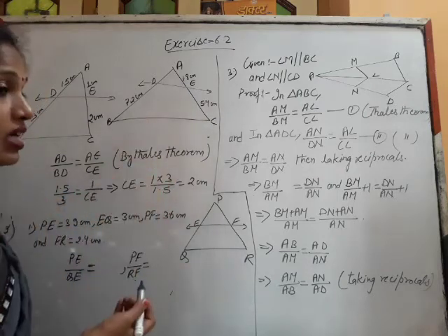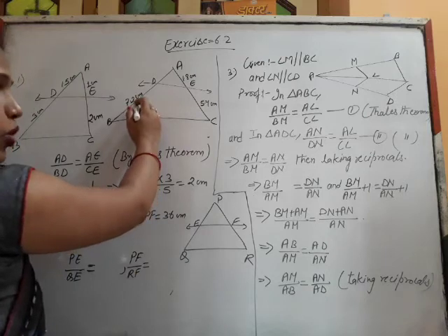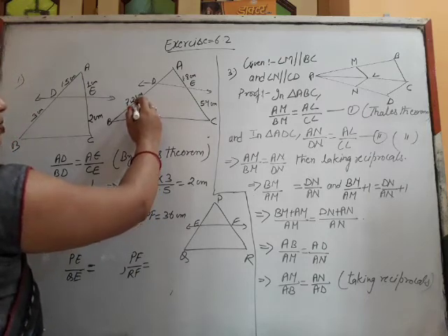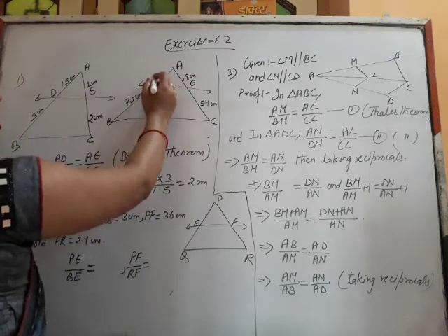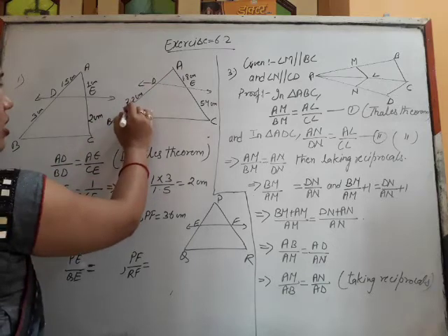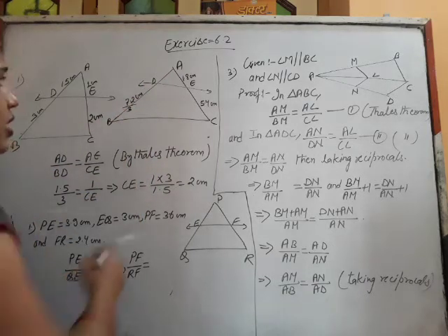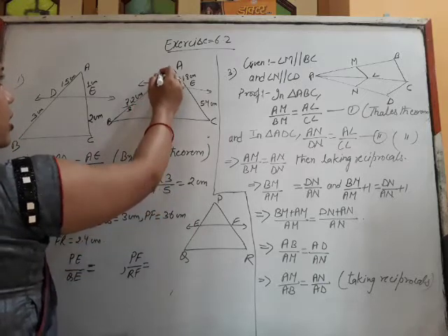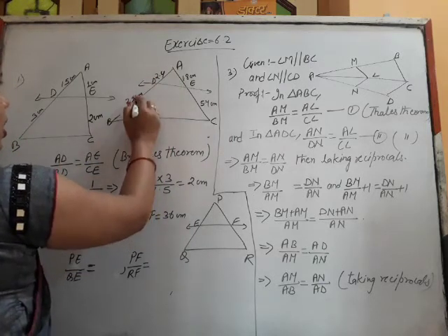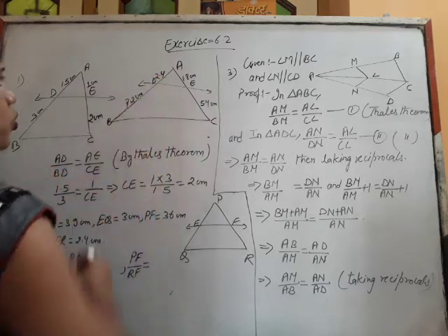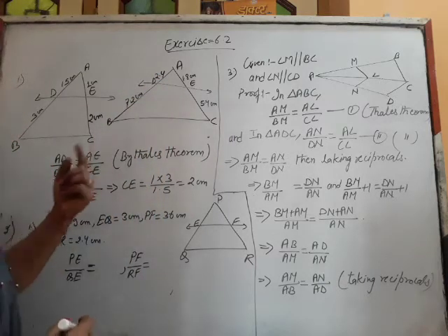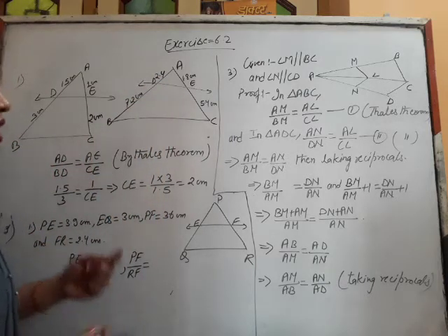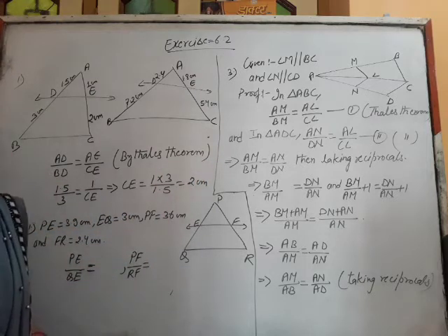Similarly, what will be multiplied by 3 to get 7.2? We have to divide 7.2 by 3. 3 twos are 6 and 3 fours are 12. So our answer will be 2.4, by observing the figure according to the Thales theorem and with this solution also.